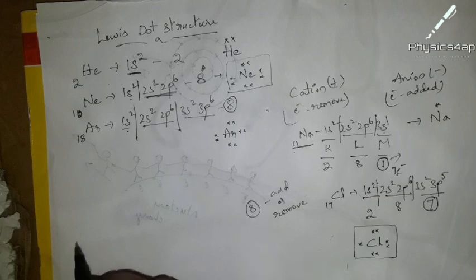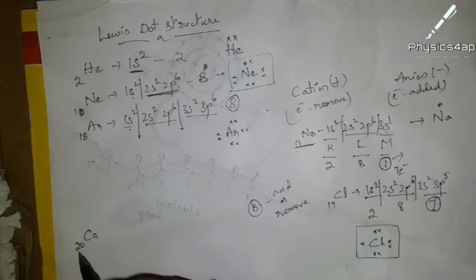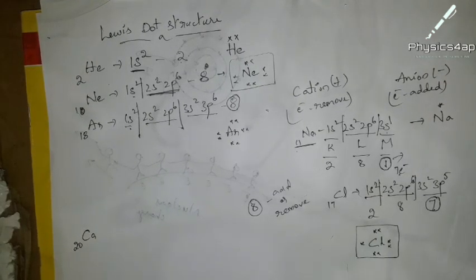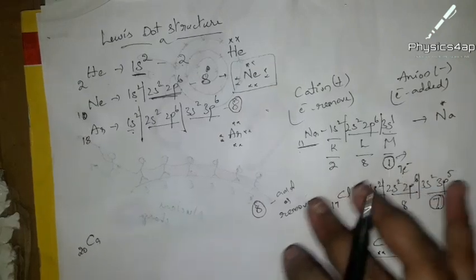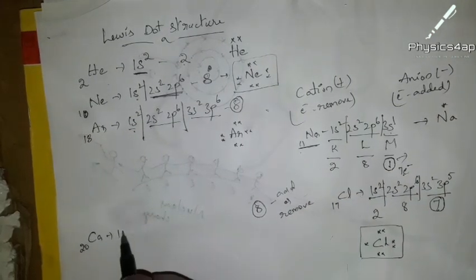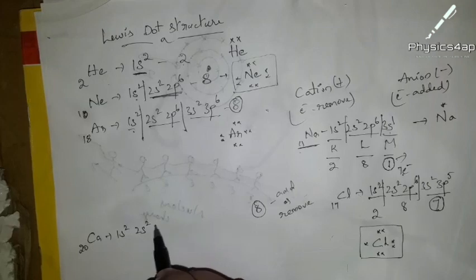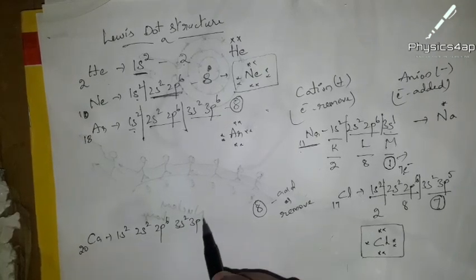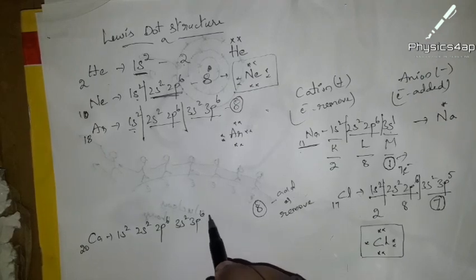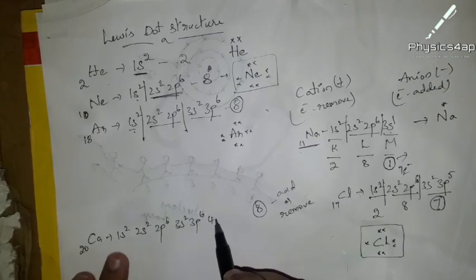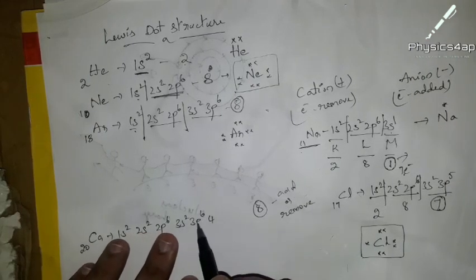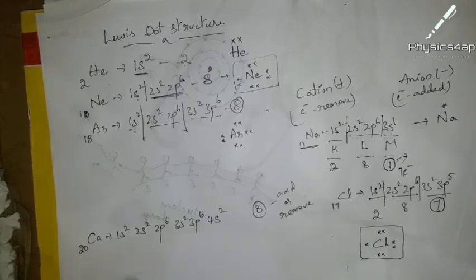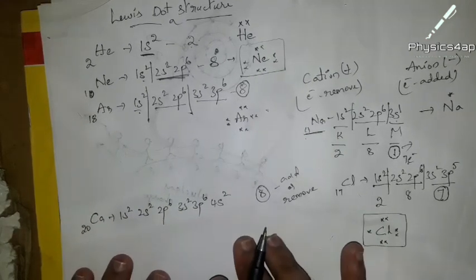Now for example, let us take calcium. For calcium we have the electronic configuration 1s2, 2s2, 2p6, 3s2, 3p6, and last we have 4s2. Yes, 20 electrons have been fitted.